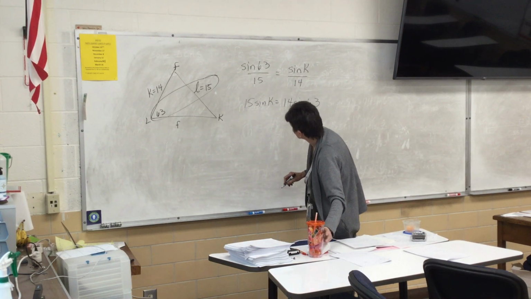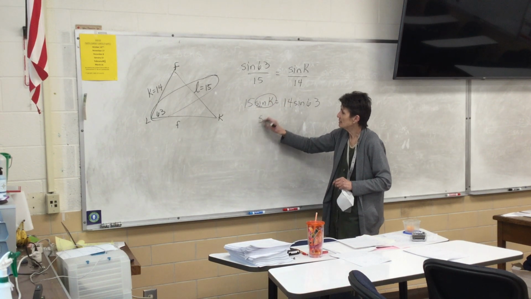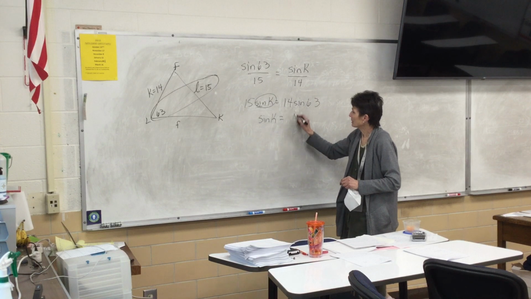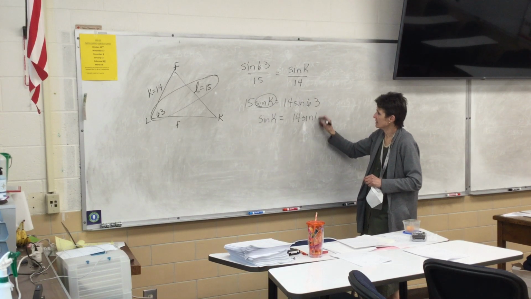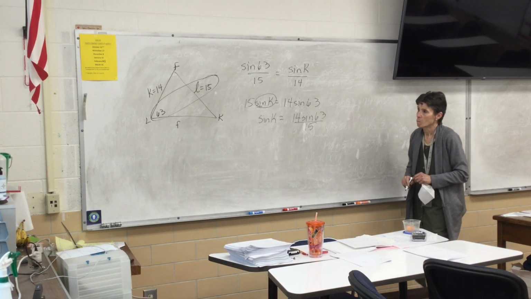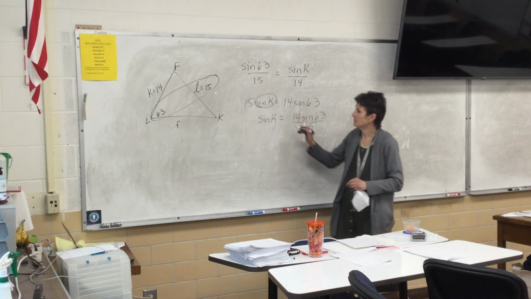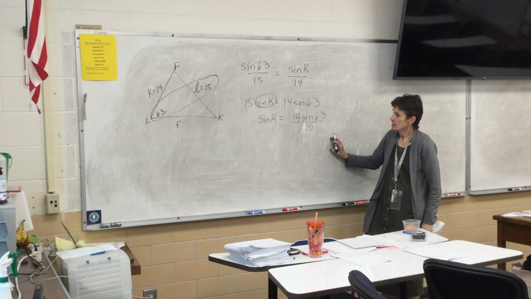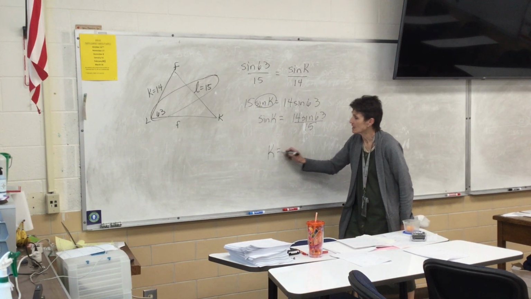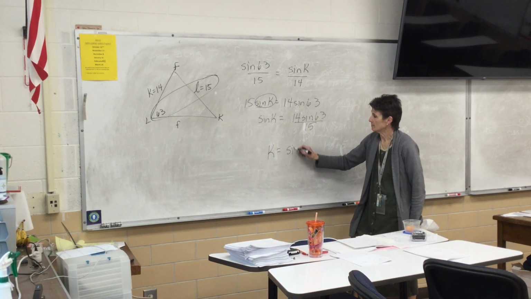Now, here's your variable. So sine K equals 14 sine 63 over 15. You can't split that up. Just divide by 15.